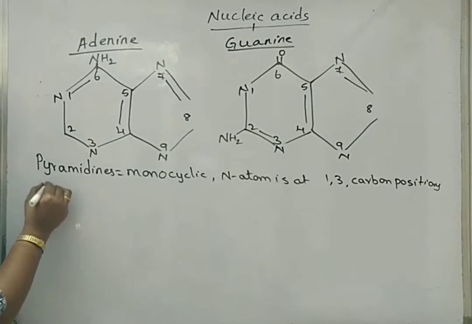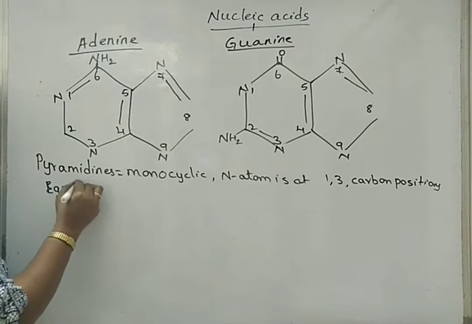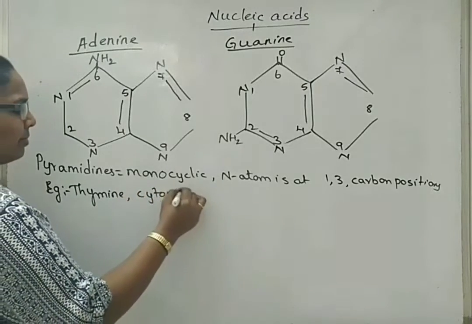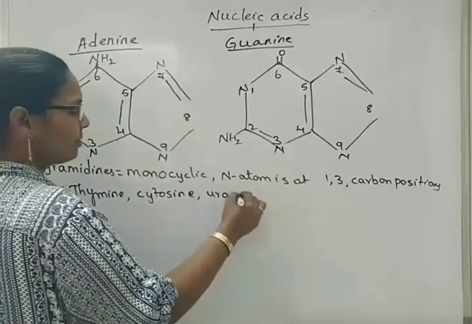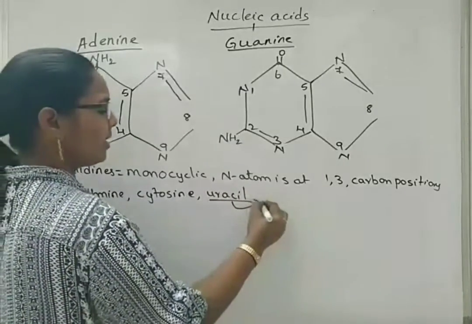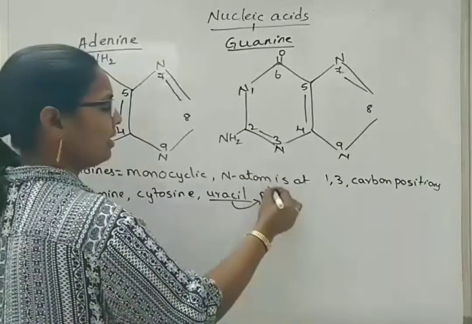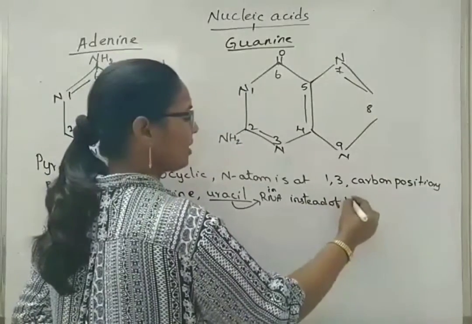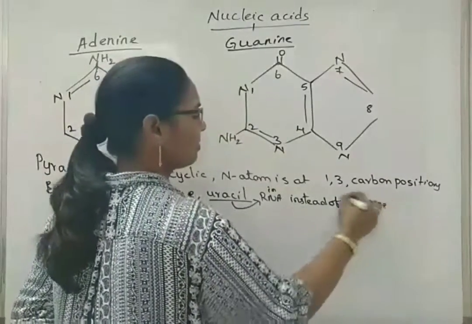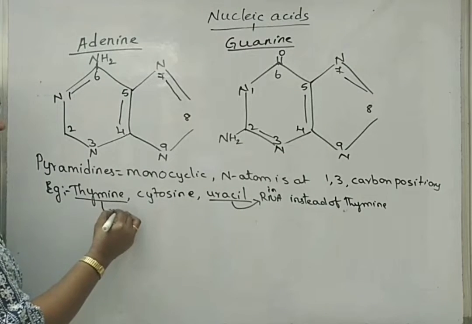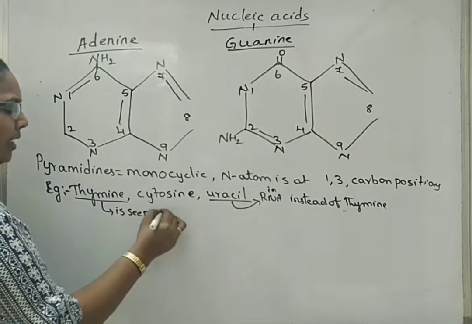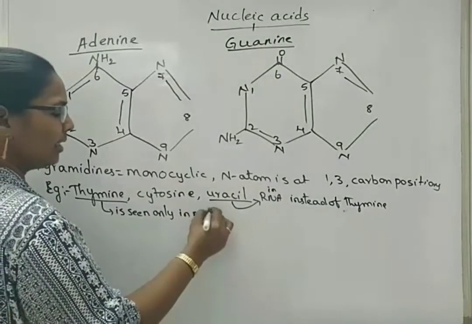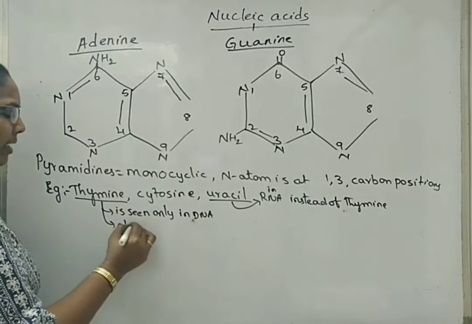Examples under pyrimidines are thymine, cytosine and uracil. Uracil exists in RNA instead of thymine. Thymine is seen only in DNA and is absent in RNA.